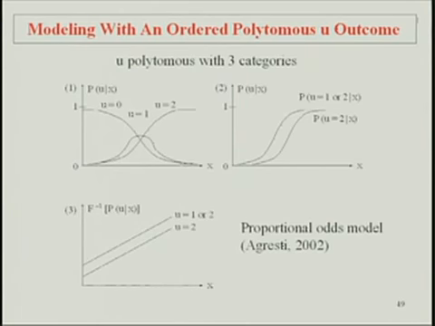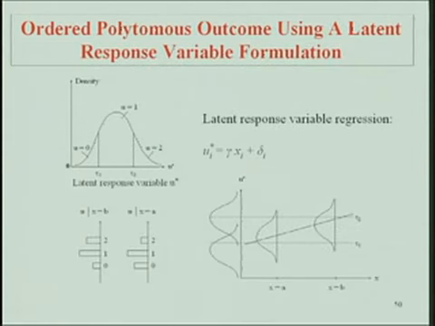More pedagogical, perhaps, is to think about a U-star variable, the specific ability to solve that item. If you're below the lowest threshold, you get it totally wrong. If you're above the highest threshold, you get it totally right, U equals 2. If you're in between the thresholds, you get it partially right.